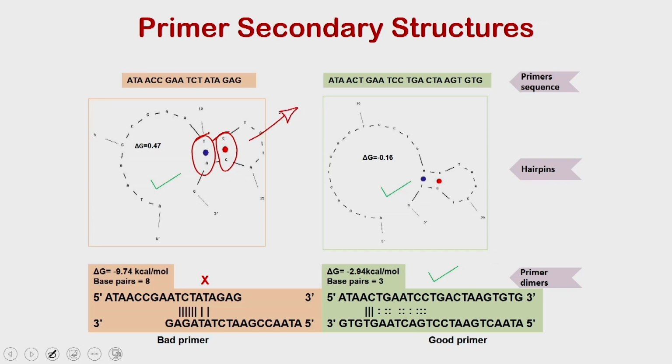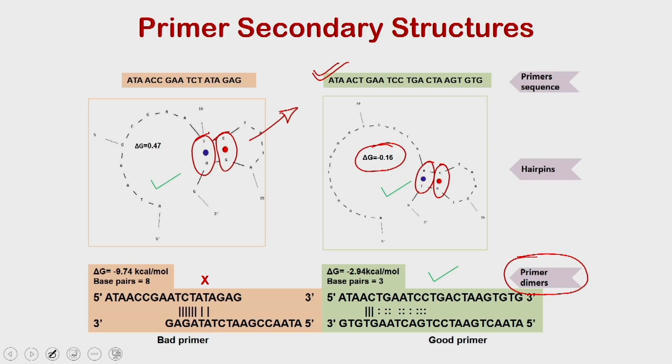These hairpins, if they are strong, are going to disturb the running of the DNA polymerase, and that is how they are going to disrupt the DNA synthesis. Whereas, if these interactions are weak enough, then once you bring them to the annealing temperature, all these secondary structures are broken down, and that is why this particular primer we are designing is good in terms of the hairpins as well as the primer dimer.